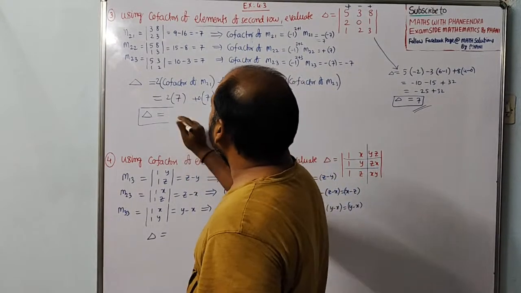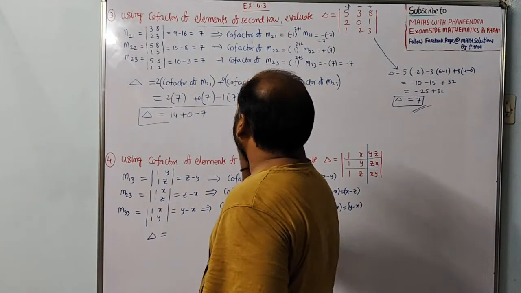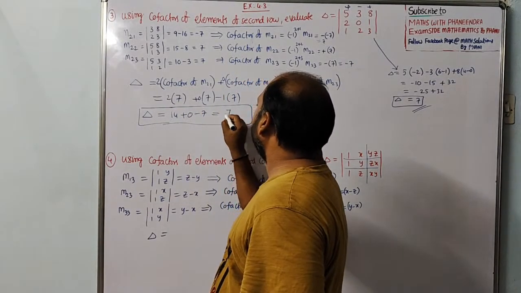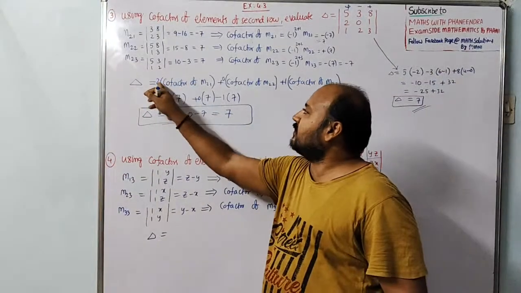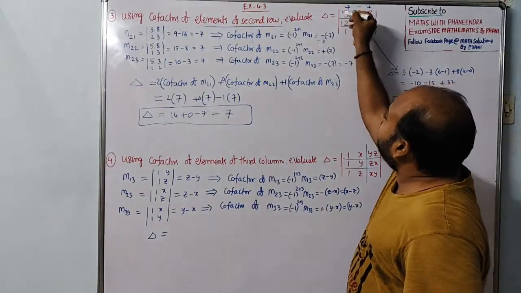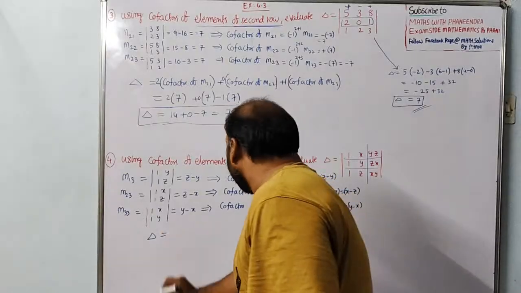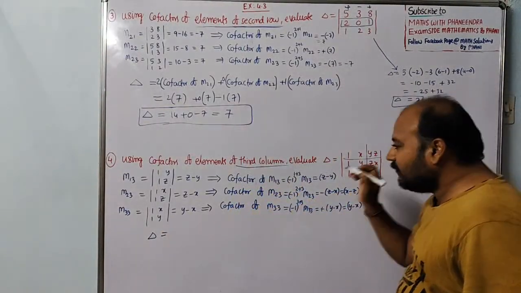So it will be 14 plus 0 minus 7. The answer cannot be changed, but this is the way of doing it. 2 times of cofactors, 0 times of, according to the second row they mentioned. Here also they mentioned the third column.